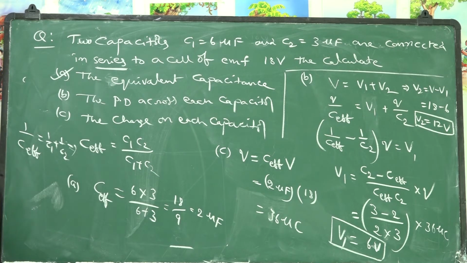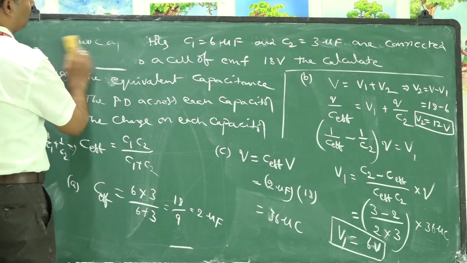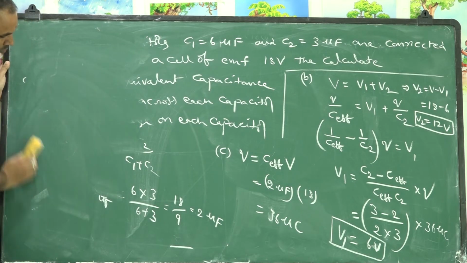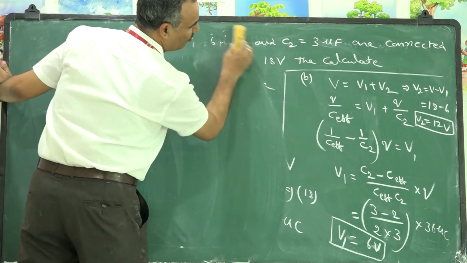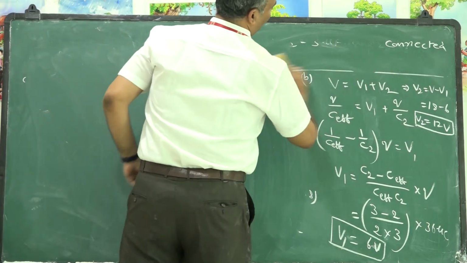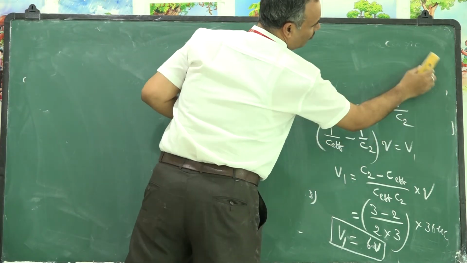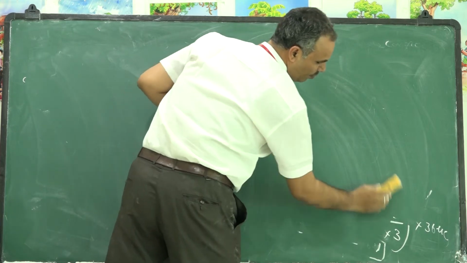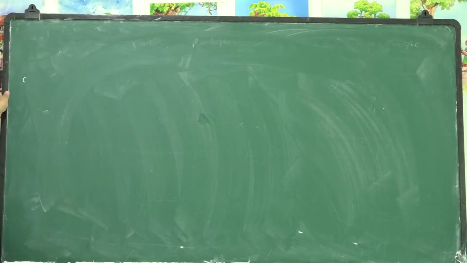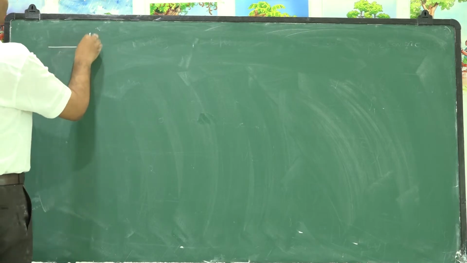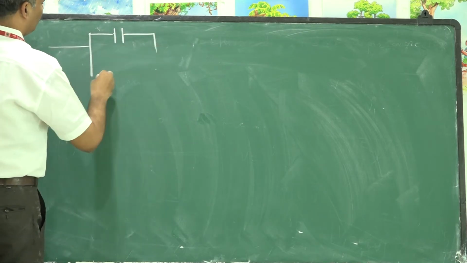Now let us do a problem related to the parallel combination. The question is like this. In the circuit shown in the figure, here is a circuit shown like this.